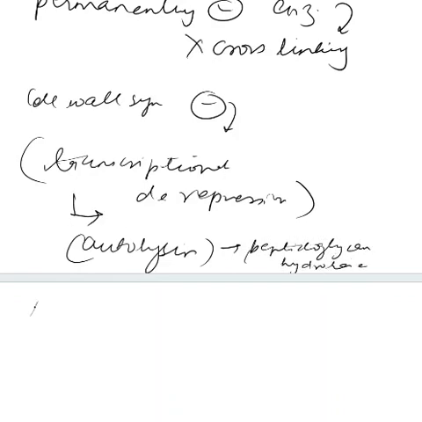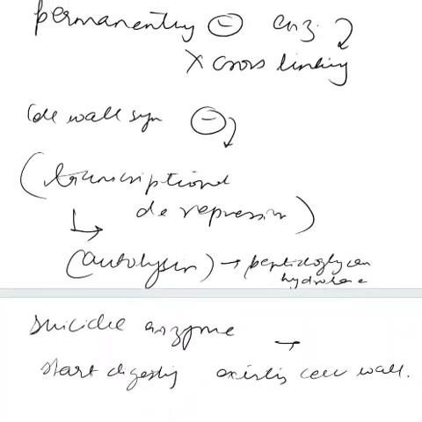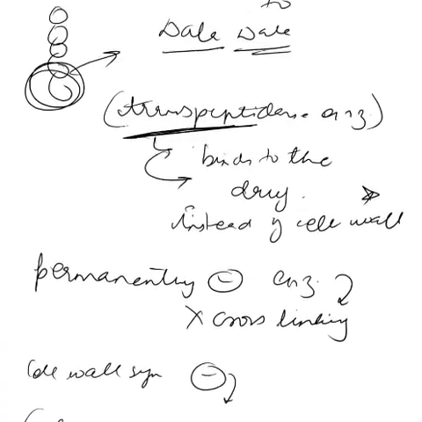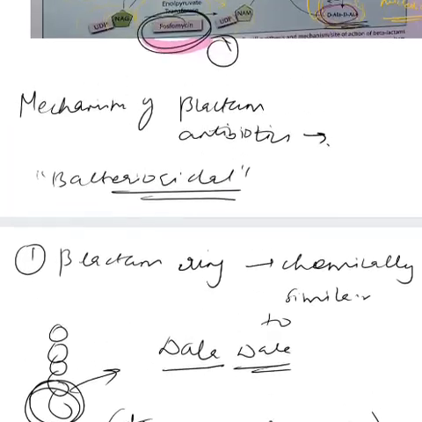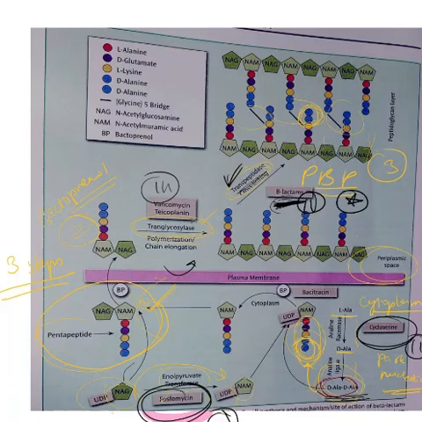These are known as suicide enzymes, and they will start digesting the existing cell wall. So this is how beta-lactam drugs act, and this is the cell wall synthesis pathway and the various drugs which act on it.